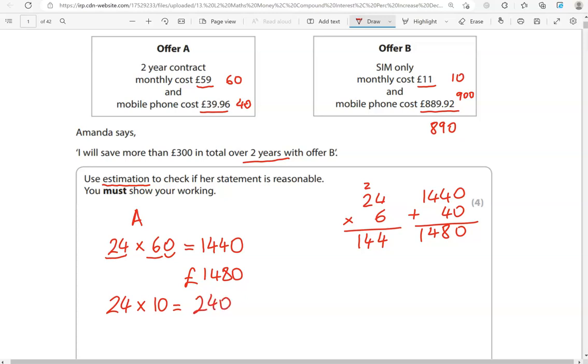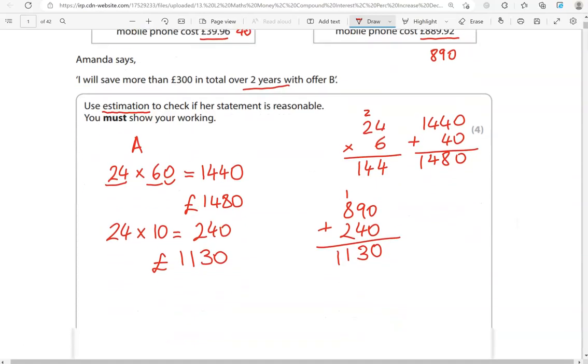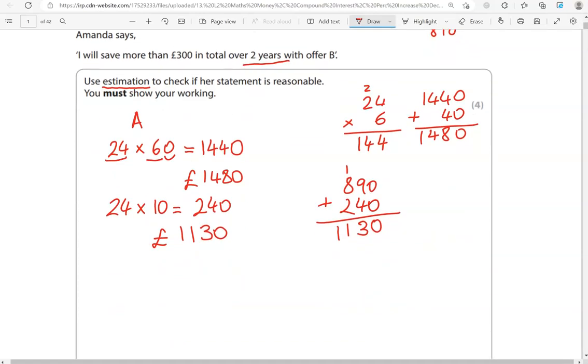The mobile phone cost is 890, add 240, 0 and 0 is 0, 9 and 4 is 13, so 3 down, 1 carried over, 8 and 1 is 9, and the 2 is 11. So overall cost for offer B, that is £1,130. So now comparing it to 1,480, what is the difference?